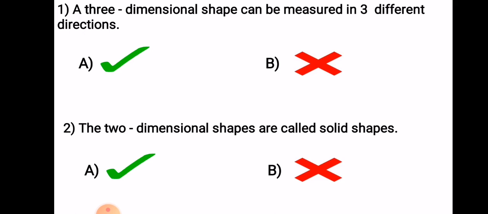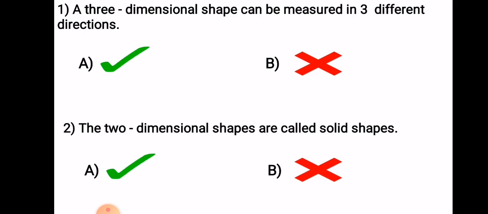What about our 2D shapes? 2D means two-dimensional, and two-dimensional shape means we can measure it in 2 different directions. Actually, all of our 2D shapes are flat shapes.